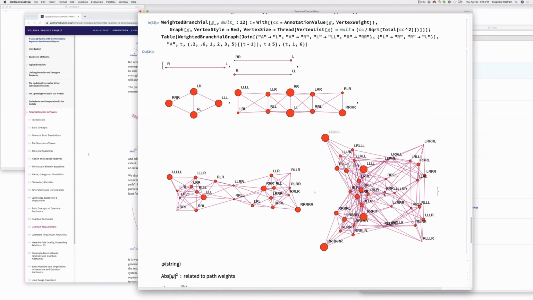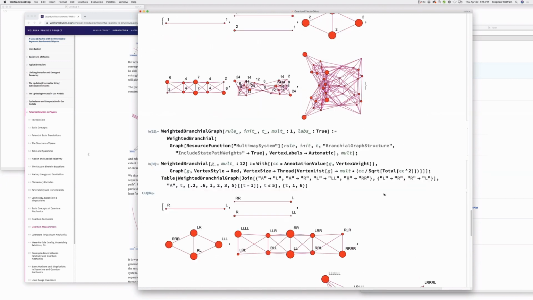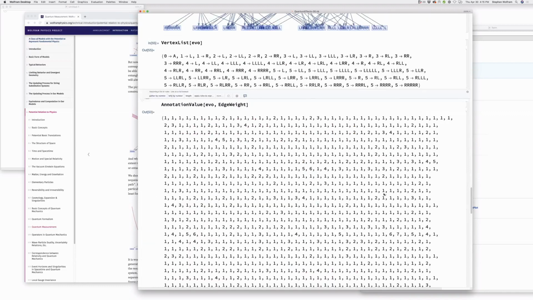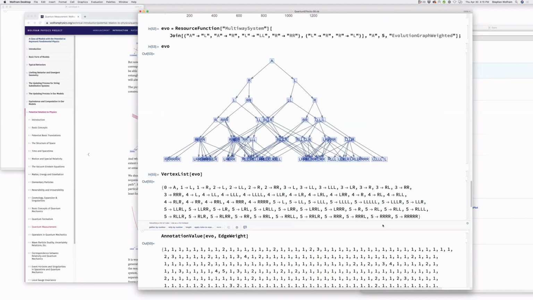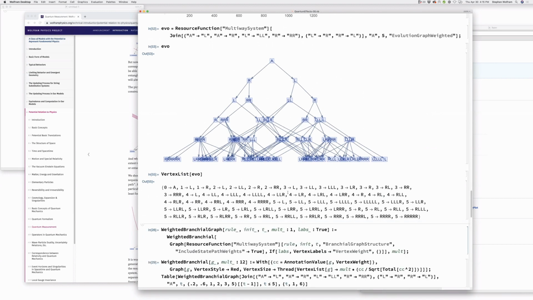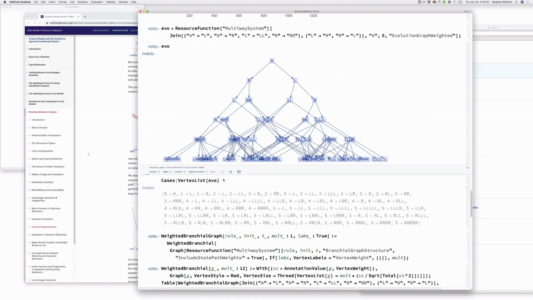Right. Okay, let's go back and look at what's happening here. Okay, so we've got edge weights. So what we want to do, we have the original evolution. So here we're going to select those things. We're going to do cases of this, and then let's, oops, very wrong thing I just did.